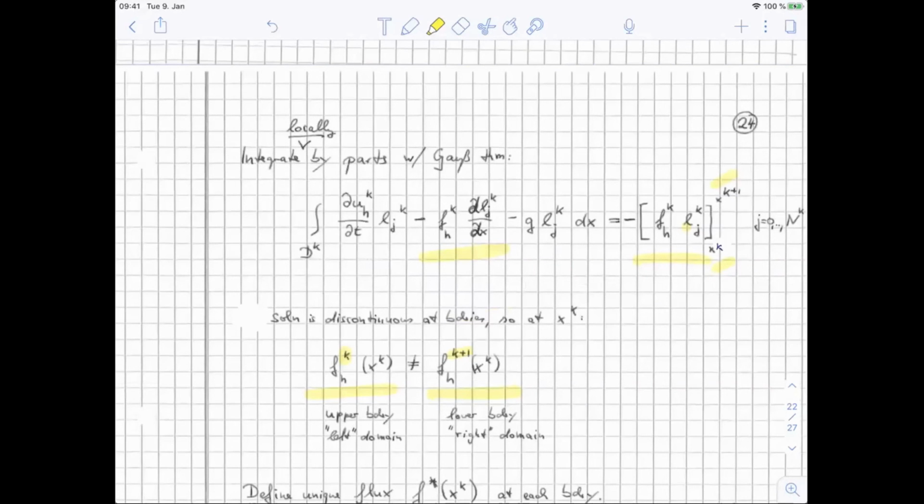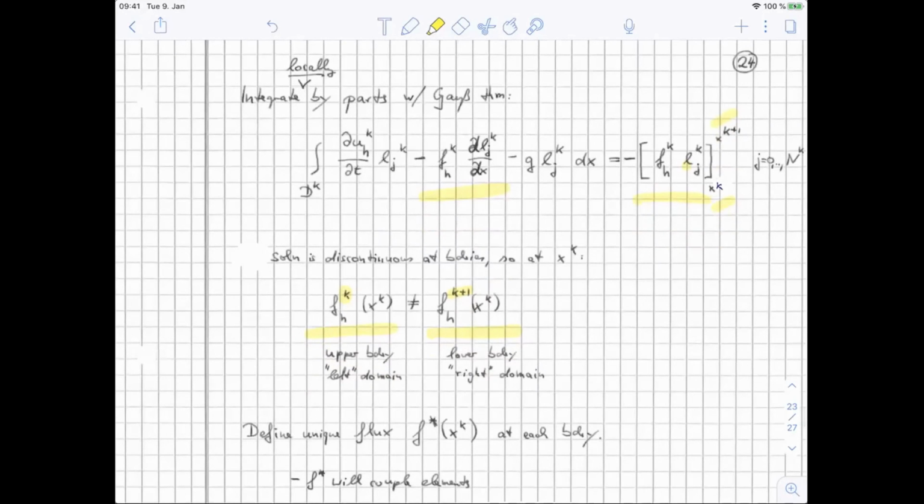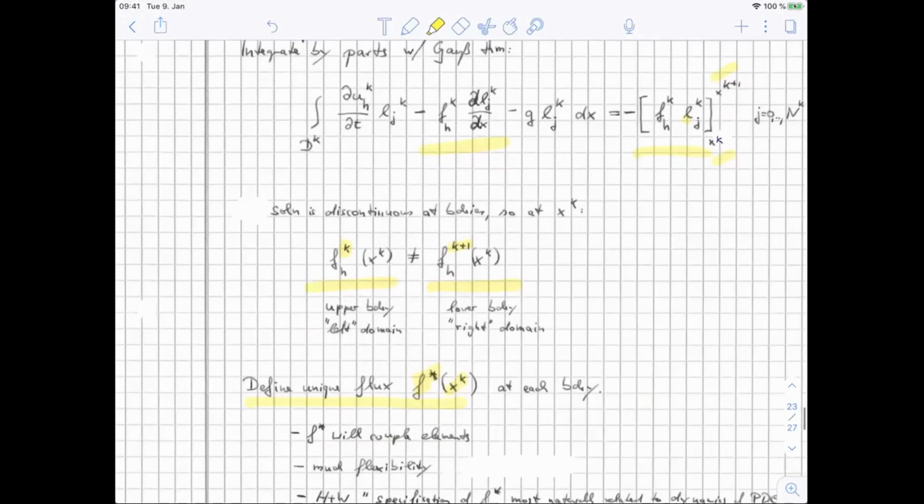Now, in order to couple the elements, one defines a unique flux at each boundary. This is called F star at the boundary xk. The F star will couple the different elements together.